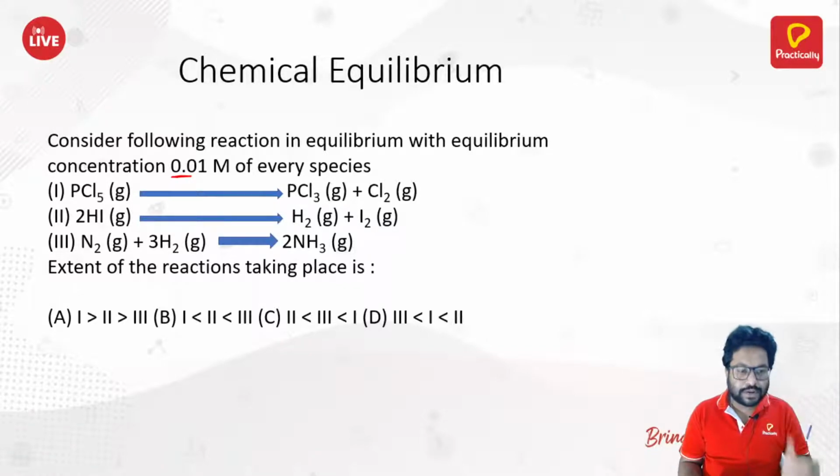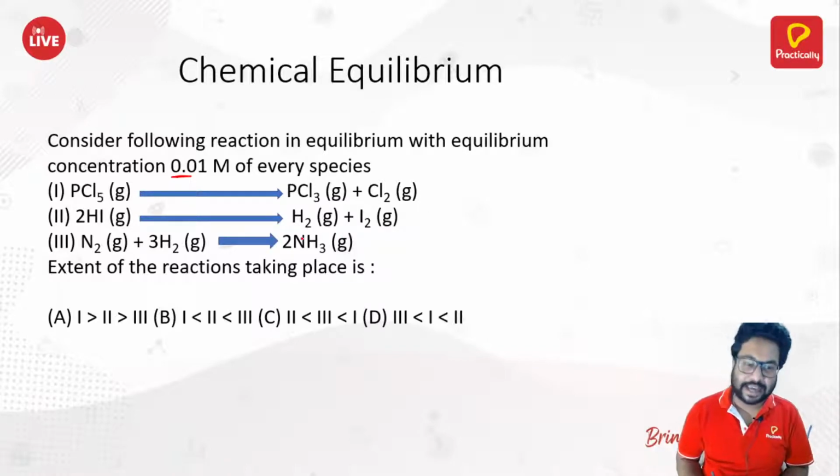Now they're saying whatever number of species you are having on either side of all these three reactions, every species is having the concentration 0.01. Then we need to find out the value of Kc. The reaction having a higher value of Kc will have more extent of taking place. So let's find out Kc for the first reaction.